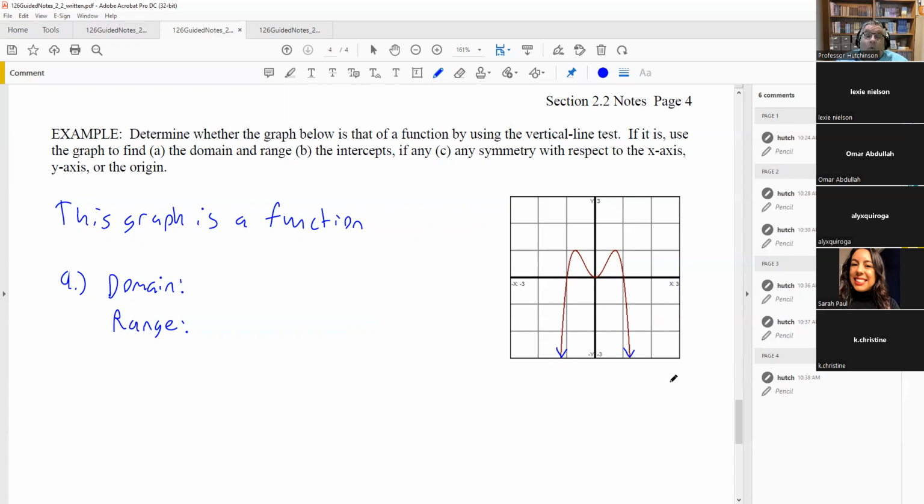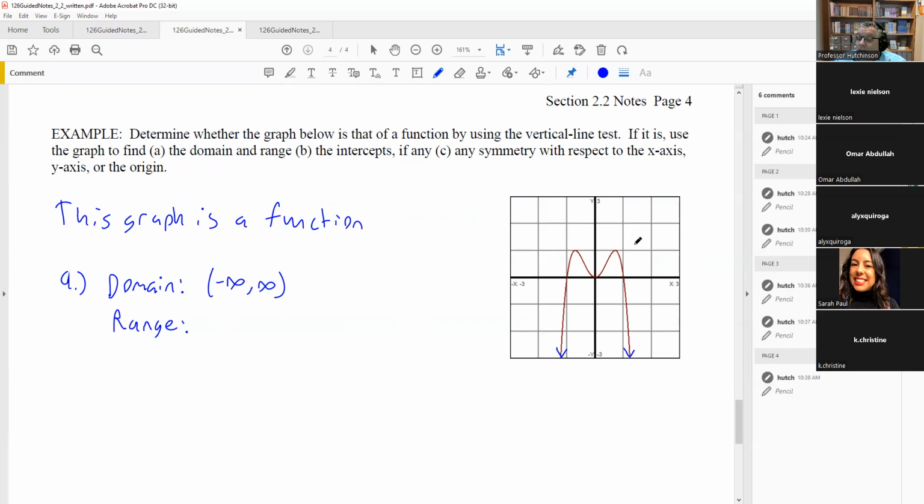That means the wider it gets, the more x values it uses. And it's going to keep getting wider forever. So we can say that the domain here is actually going to be negative infinity to positive infinity. It's using up all the x values because as this gets wider and wider, it's going to just keep using more and more x values forever.